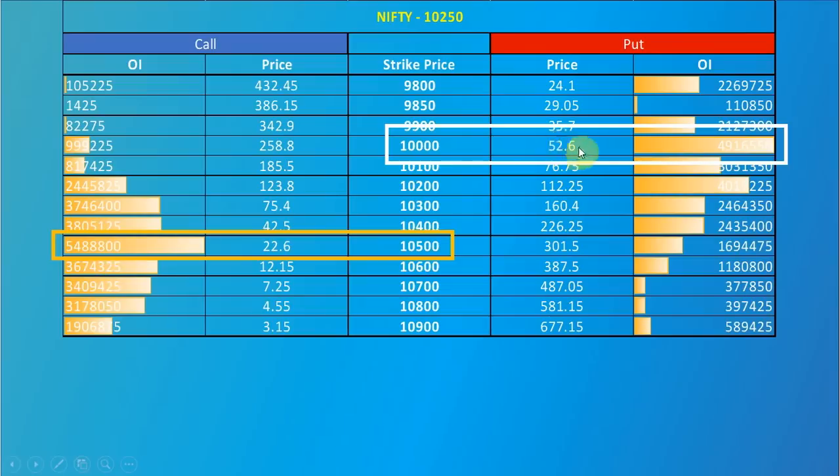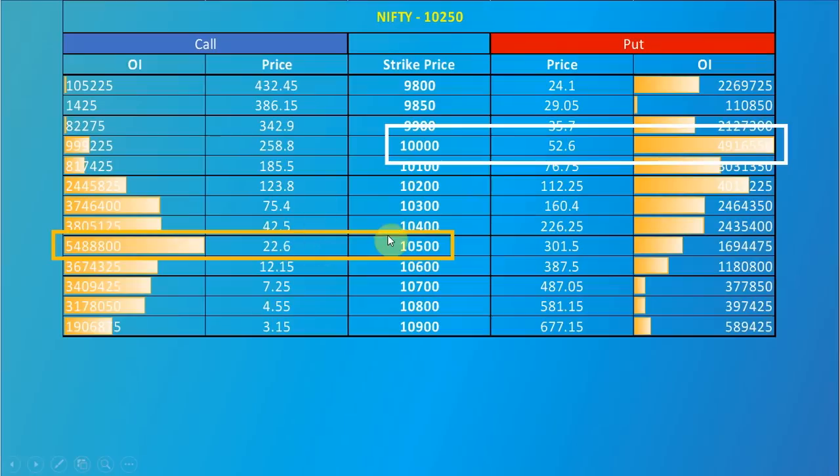So we need to keep track of the premium also, which is important. If you see an unusually high premium, it gives us a hint that there is a possible chance for the price to head towards 10,000. That is how option traders and swing traders can understand whether the stock is actually heading to 10,000 or 10,500.